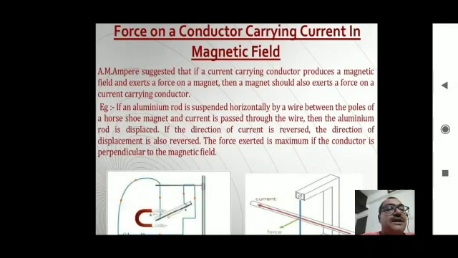The force exerted is maximum if the conductor is perpendicular to the magnetic field. So when both the things are perpendicular to each other, at that time the force is maximum. From this activity we can understand that a current carrying conductor can be displaced when we take a magnet nearby it.